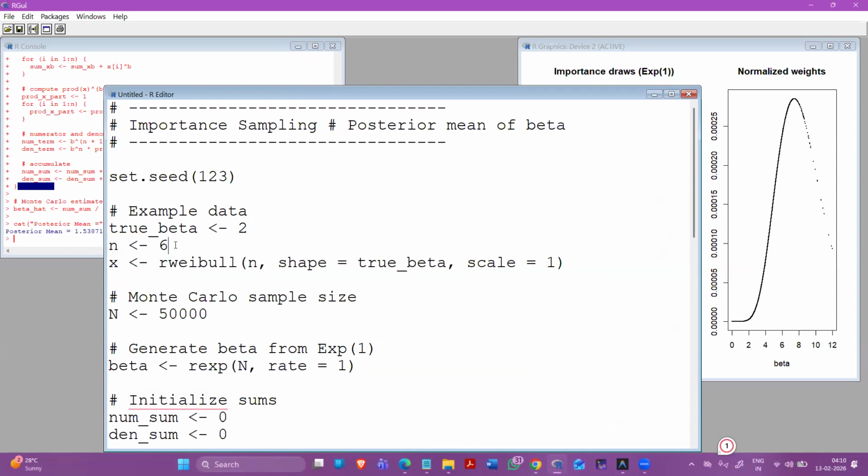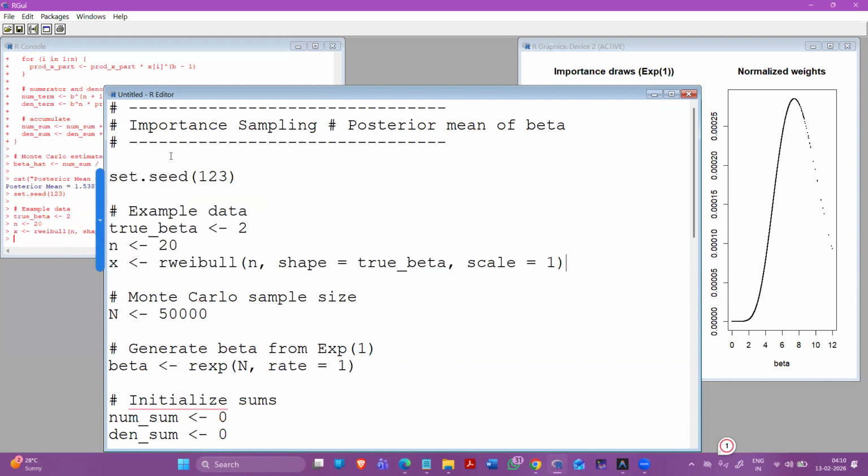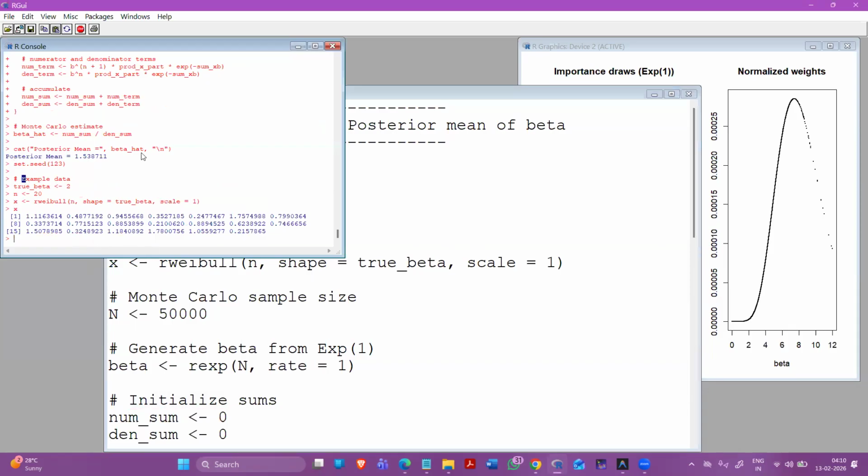You can increase these values also, say 20. So how will you generate the random values? R variable, size n, true value of beta, scale equals 1 because we took k equals 1, right? So we are going to generate these random numbers. Okay, these are my random numbers. Wait a second.